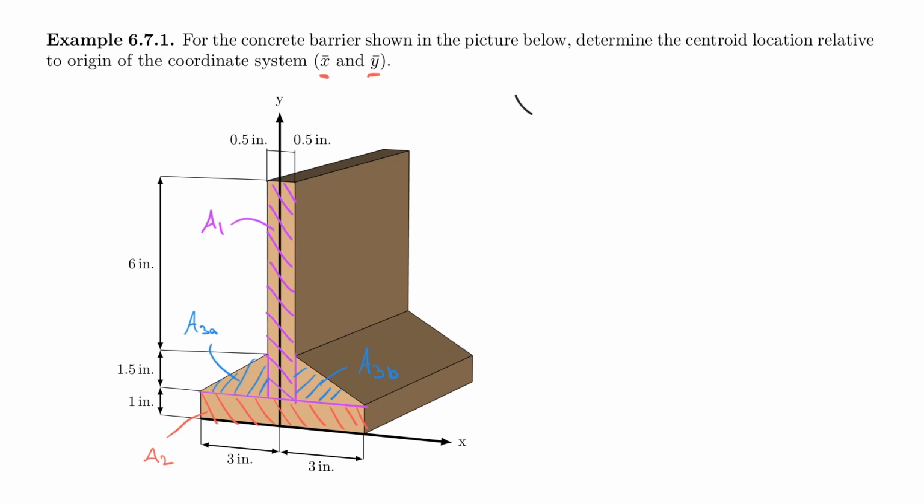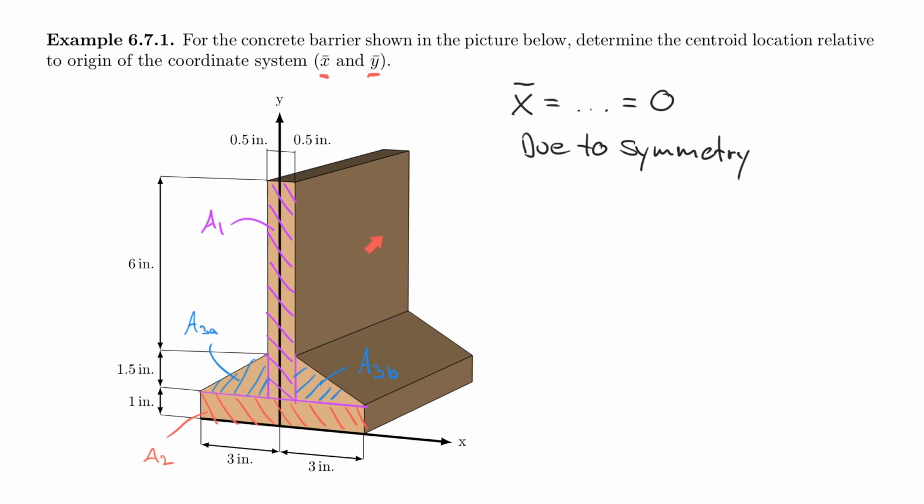In fact, let's talk about the x tilde real quick. So remember that I have to calculate x bar here, and x bar is usually some formula, but in this case I really don't have to calculate that. It actually happens to be 0 due to symmetry. You can see here that the y-axis is exactly halfway between shape A1, if you will, or in the middle of shape A1 and also in the middle of A2.